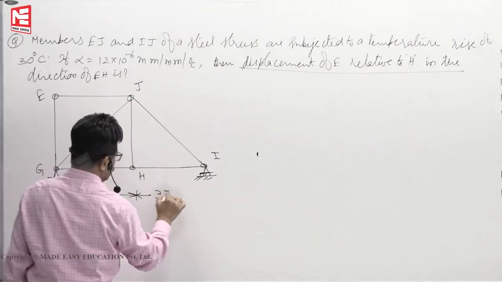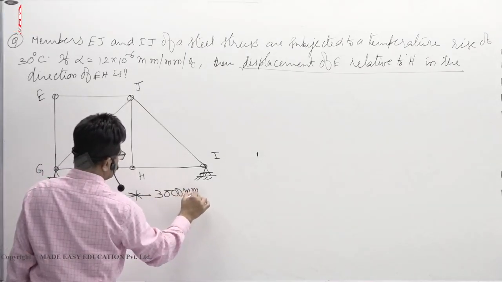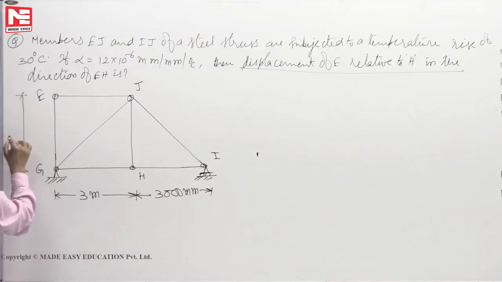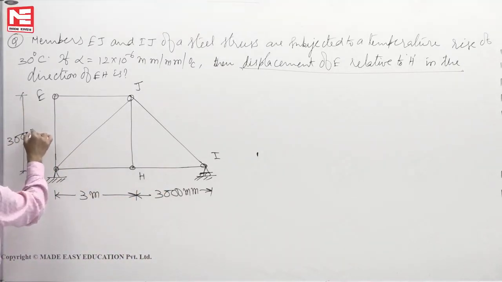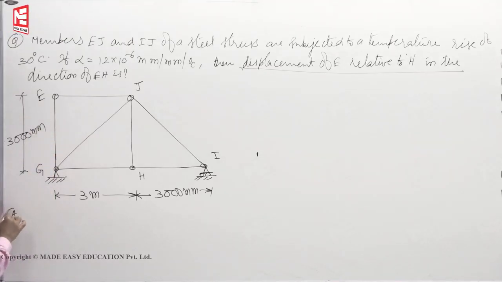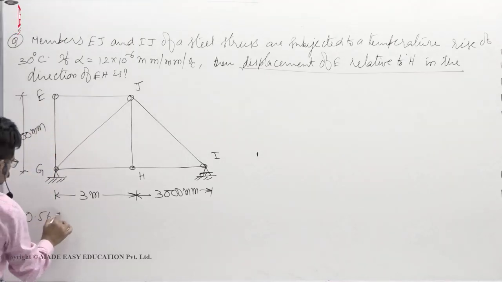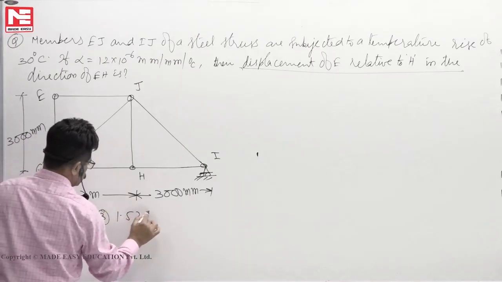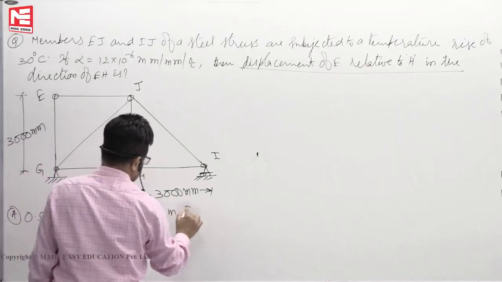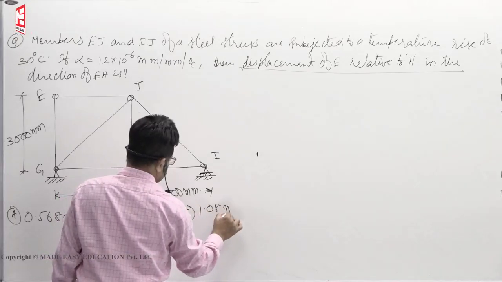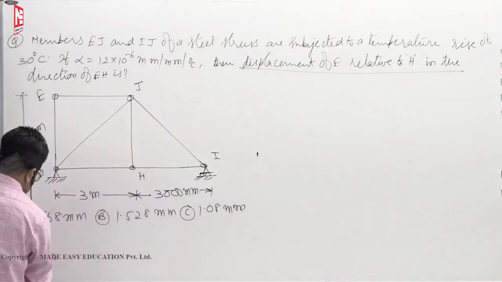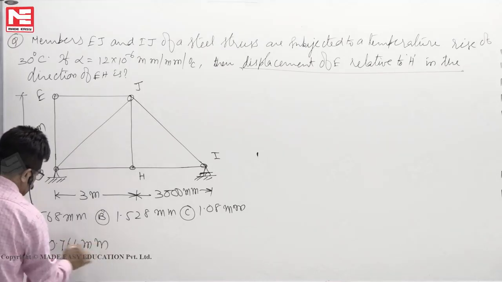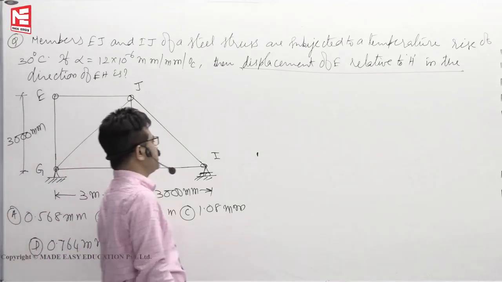This is also 3 meters or 3000 mm. This is also 3000 mm. So many values they give you, 0.568. So like this questions are given, let us say.